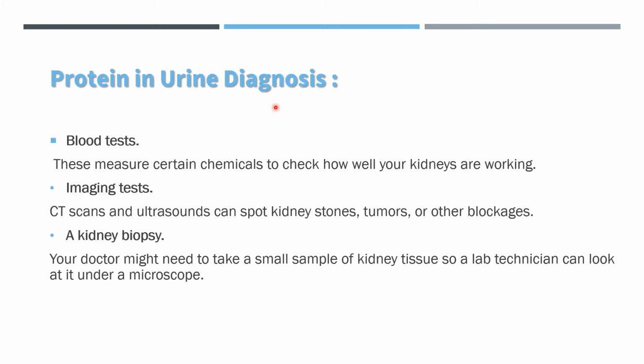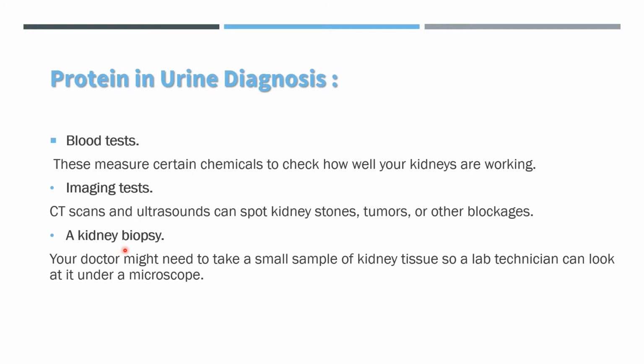Protein in urine diagnosis. So how can we diagnose proteinuria? There are some tests through which we can diagnose it. It's like blood tests. These measure certain chemicals to check how well the kidneys are working. Or imaging tests like CT scans and ultrasounds can spot kidney stones, tumors or other blockages in the urinary system.